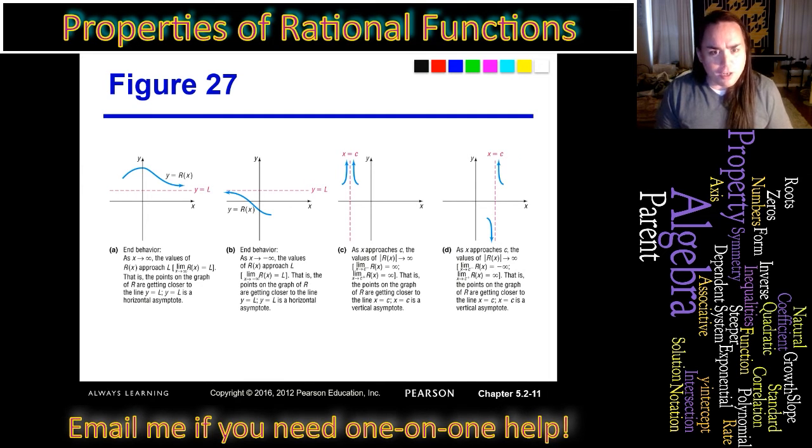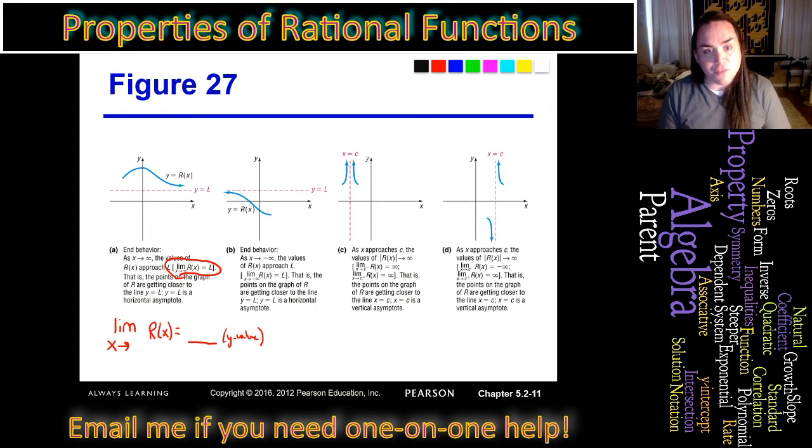All right, so when we're talking about end behavior of a function, as x approaches infinity, that's what we're talking about. This expression right here talks about how to discuss the limit of a function. So we write it this way. We say the limit as x approaches some value of that function, which we're calling the function r of x, equals some ending value, and this is the y value that it approaches.